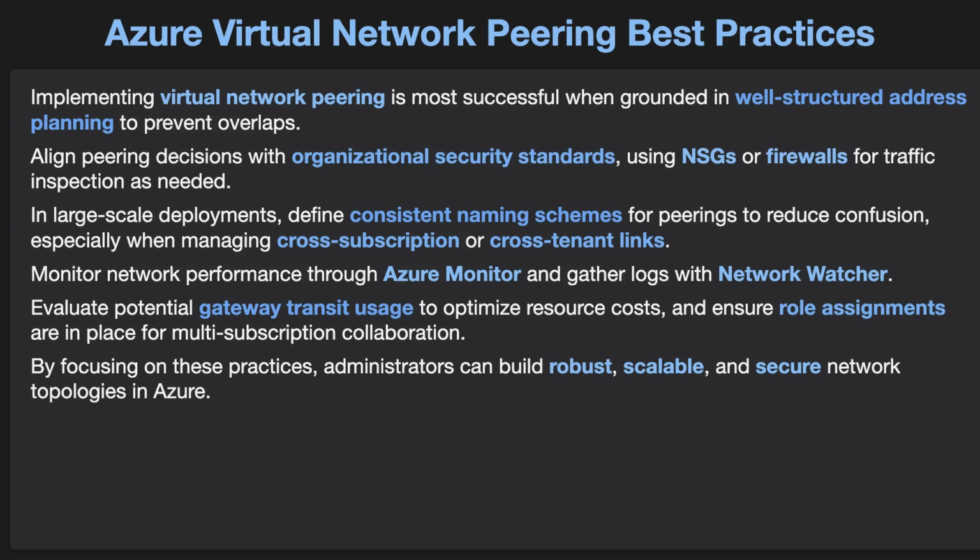Monitor network performance through Azure Monitor and gather logs with Network Watcher. Evaluate potential gateway transit usage to optimize resource costs and ensure role assignments are in place for multi-subscription collaboration. By focusing on these practices, administrators can build robust, scalable, and secure network topologies in Azure.